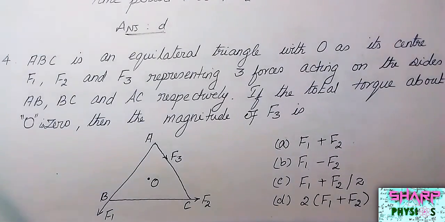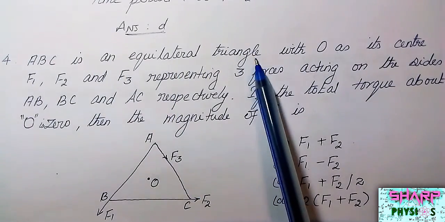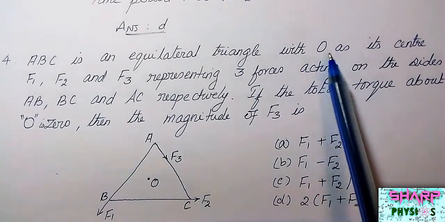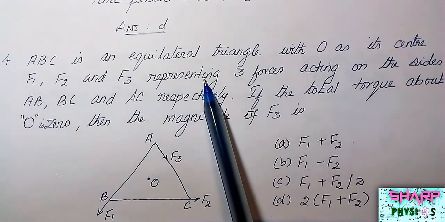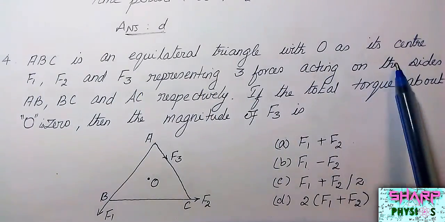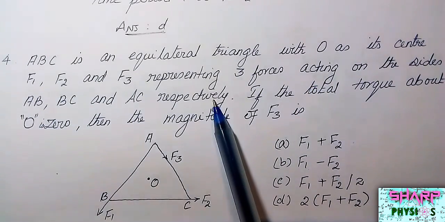Now let's see the fourth problem. ABC is an equilateral triangle with O as its center. F1, F2 and F3 represent three forces acting on the sides AB, BC and AC respectively.